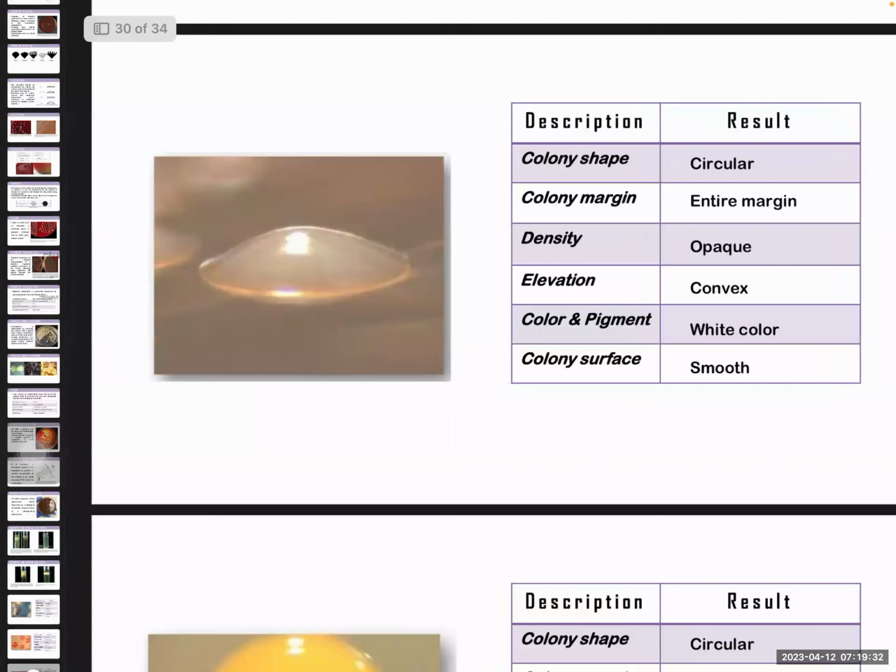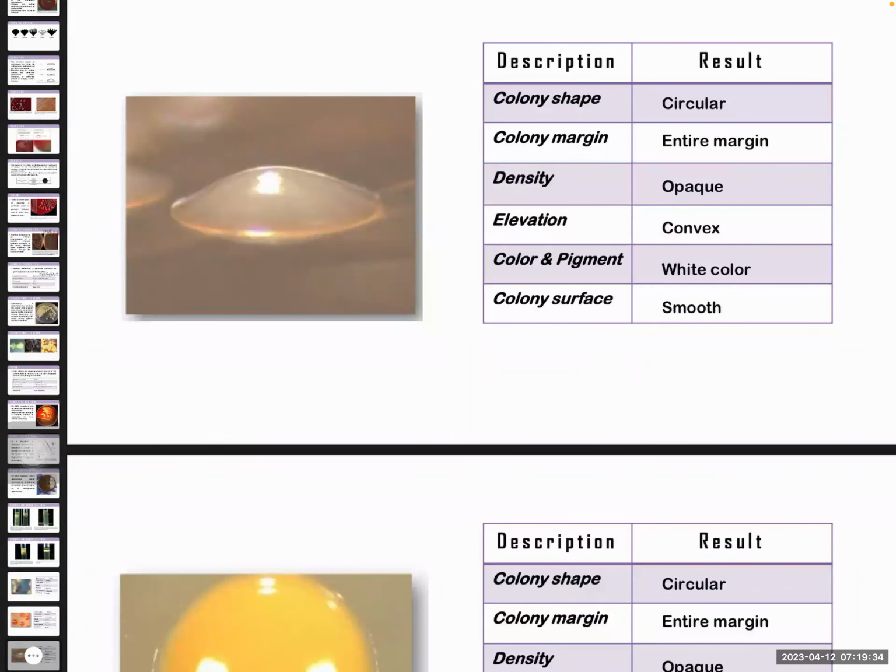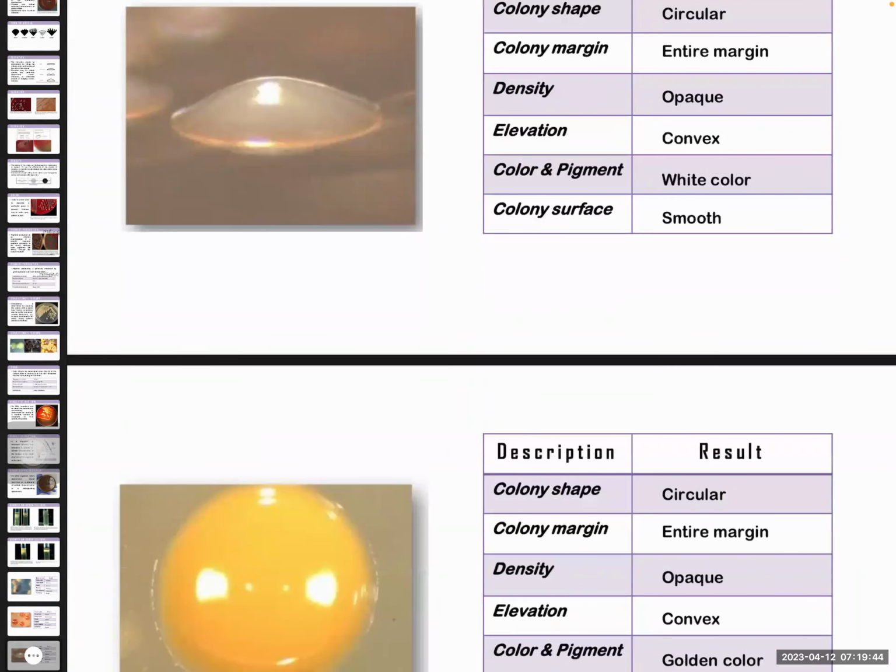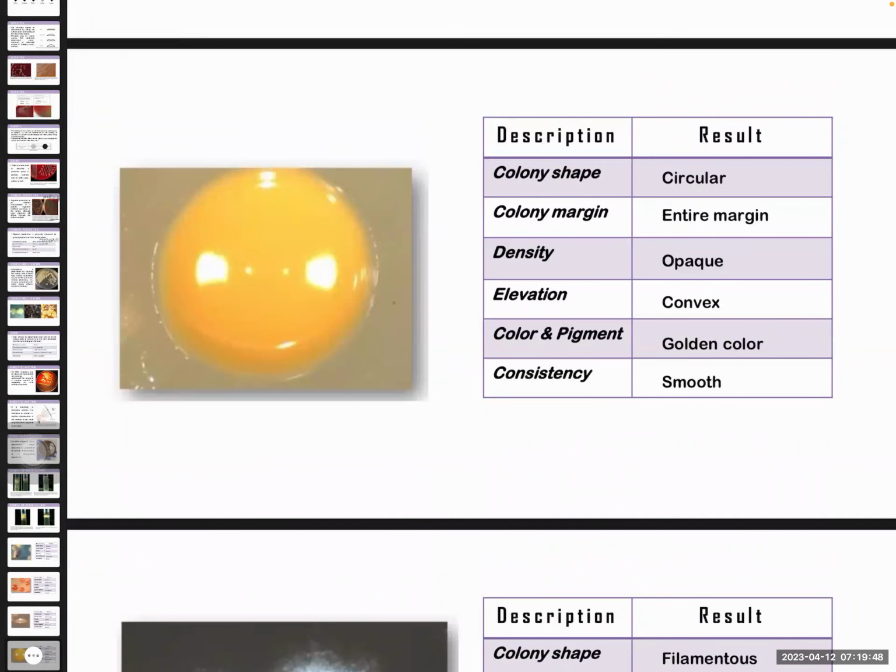And we also have here again a very typical growth of colony. Very similar, but ang difference is the production of pigment or color. Okay, there is a specific color of the colony. This is golden or yellow. So what do you think is the organism that is capable of producing golden colonies?